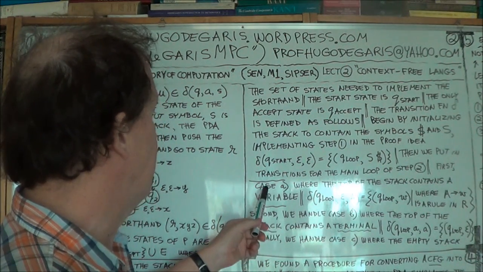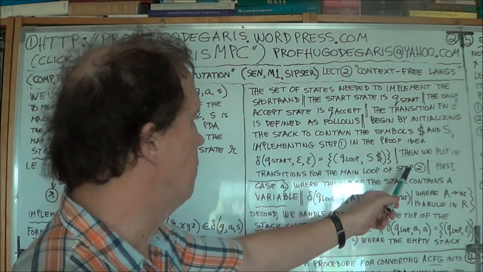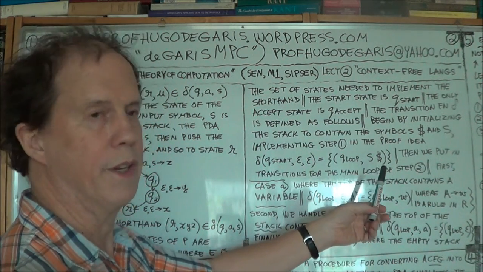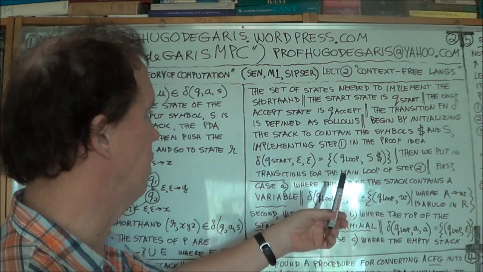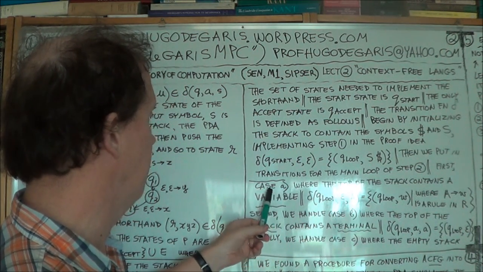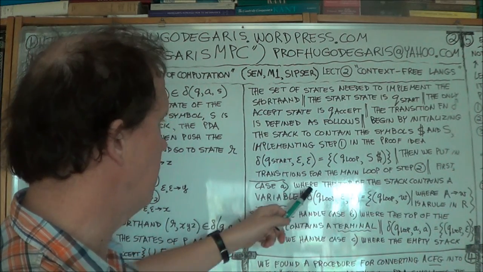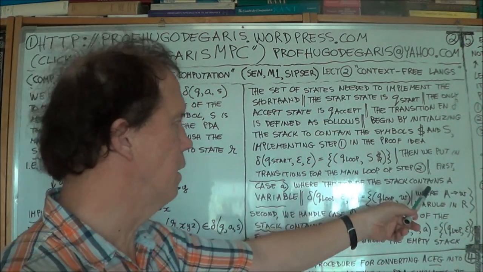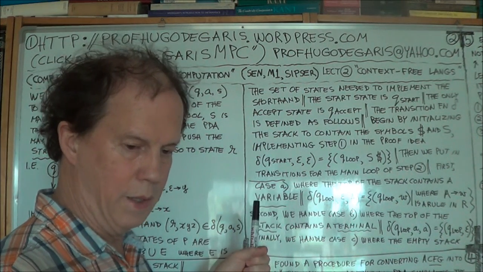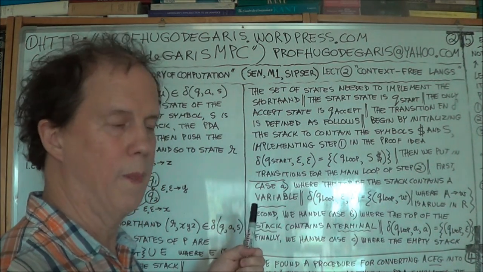Okay. So we're now in step 2 of the proof idea we talked about earlier. Now there are 3 cases. Case A is where the top of the stack is a variable. Case B is where the top of the stack is a terminal.